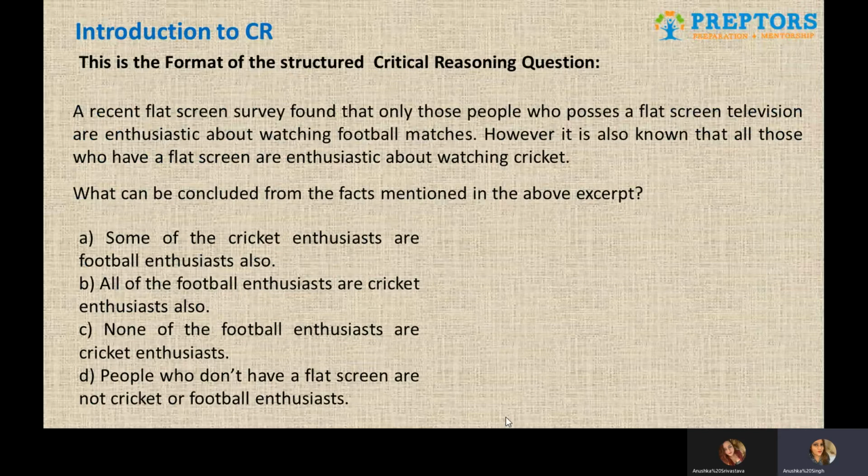So I can't say none of the football enthusiasts are cricket enthusiasts. Even that would be incorrect, right? When I say people who don't have flat screens, that's my option B. There is absolutely no information about people not having flat screens, right? So even in that context, this does not fit in. So all I can say is A, some of the cricket enthusiasts are football enthusiasts also, right? So that becomes my valid conclusion.